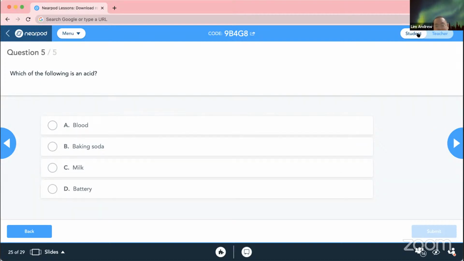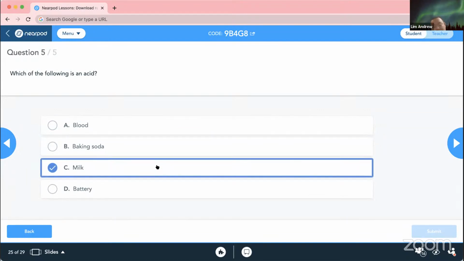Based on what we know, battery is alkaline, right? Anyone know the answer? For battery, it is alkaline, blood is alkaline, baking soda is alkaline. The only answer is milk. Milk is a bit acidic. All right, with that, I'll end the session for today.